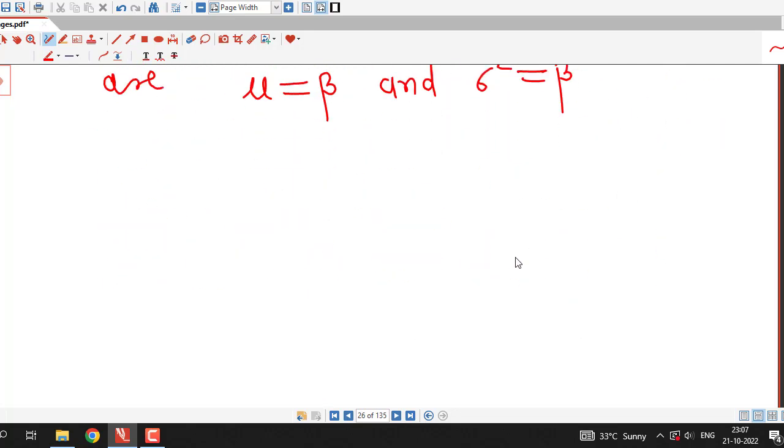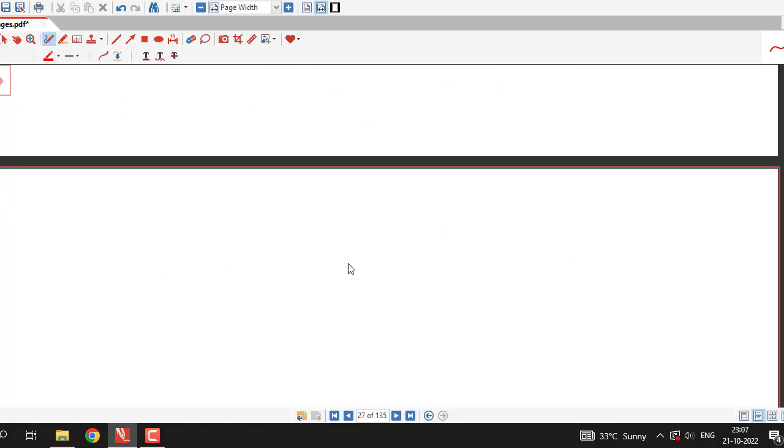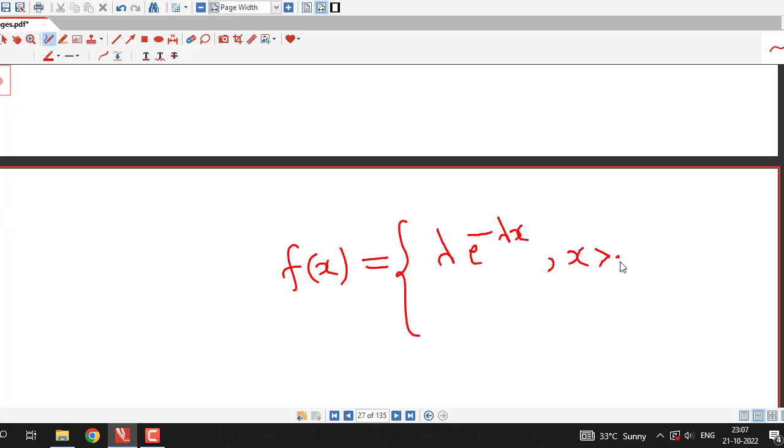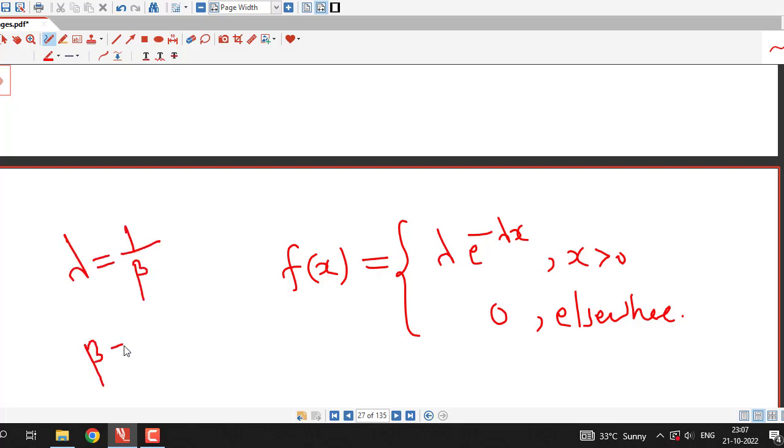Suppose we are given that another form of PDF in which our fx is defined as lambda times e raised to minus lambda x if x is positive, and 0 elsewhere. Then here lambda is nothing but 1 over beta, or beta is nothing but 1 over lambda.